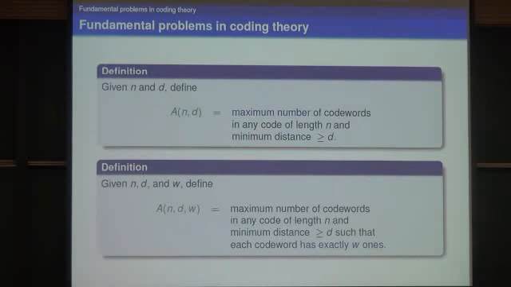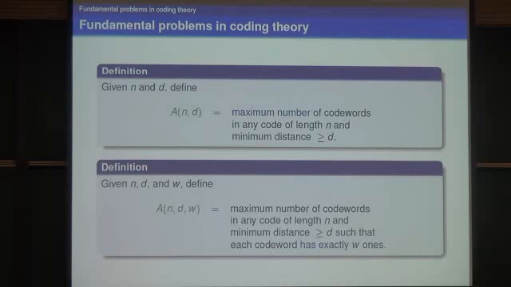So one of the fundamental problems in coding theory is to find the value of A(n,d) and A(n,d,w), where A(n,d) is the maximum number of code words in any code of length n and minimum distance at least d. And A(n,d,w) is the same thing, but we require that the code words have a constant weight w.